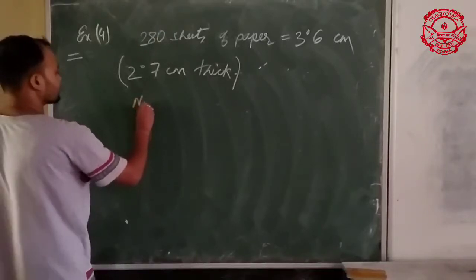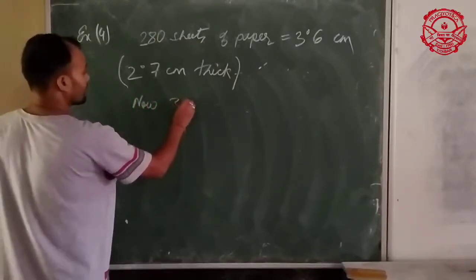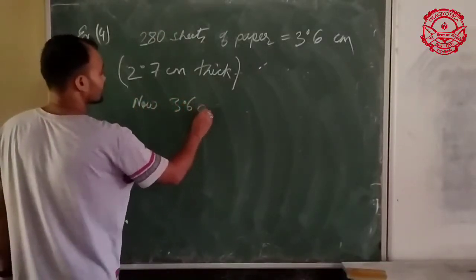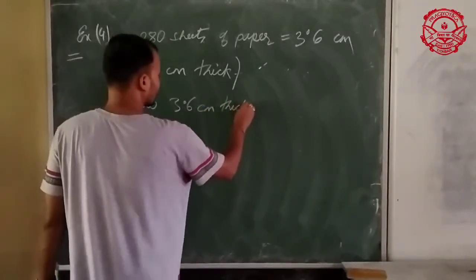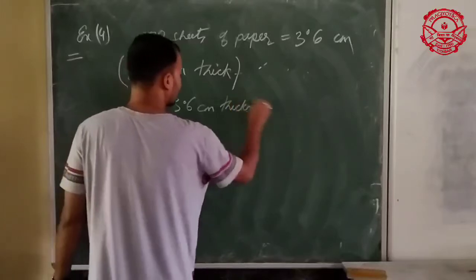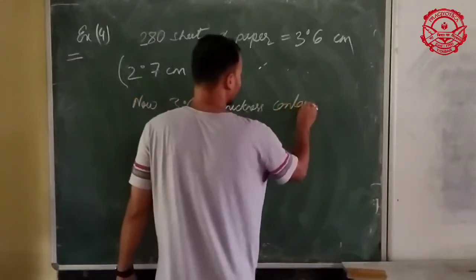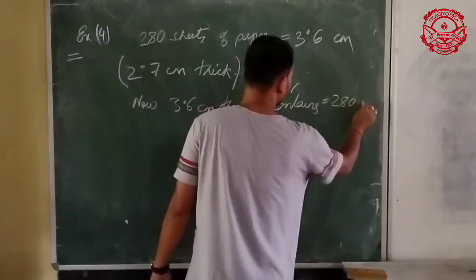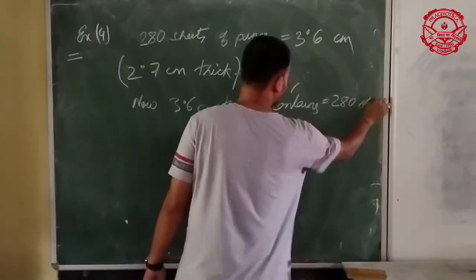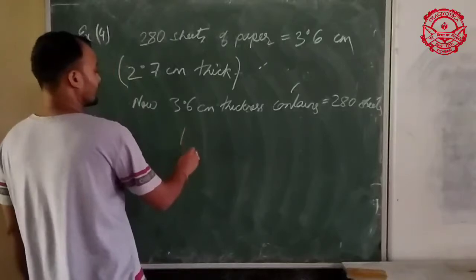Now, 3.6 cm thickness contains 280 papers. Fine, you find one.